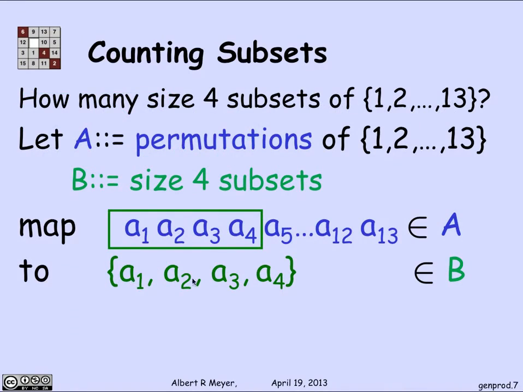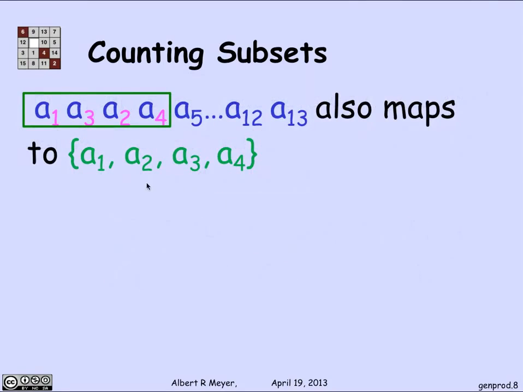And if we got A1 through A4 as the set, what other things map to that set? Well, the answer is any permutation with the same first 4 elements, but possibly in a different order, because we're just going to take the first 4 in sequence and map them to the set of those first 4. The order of the first 4 doesn't matter.